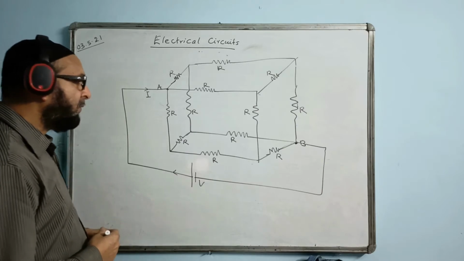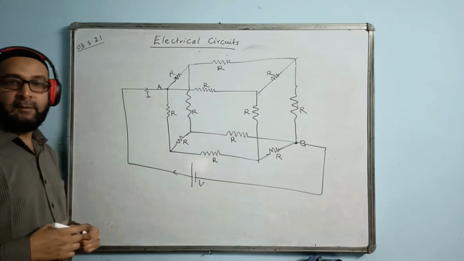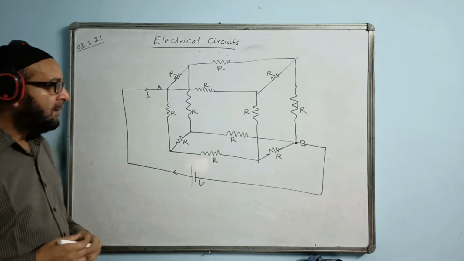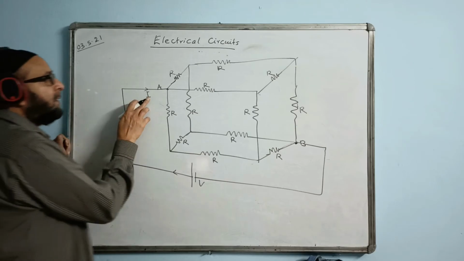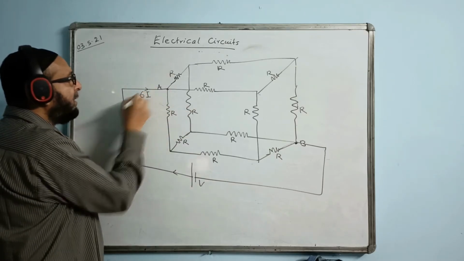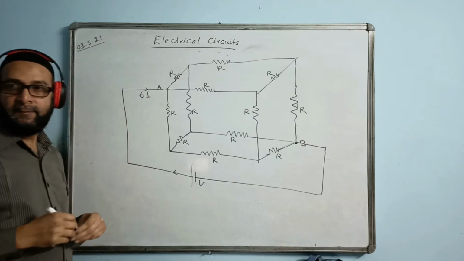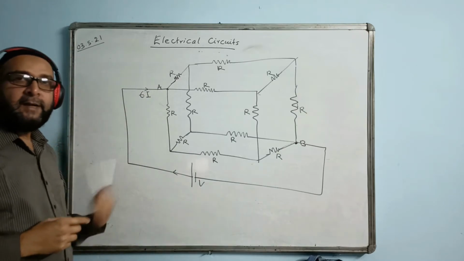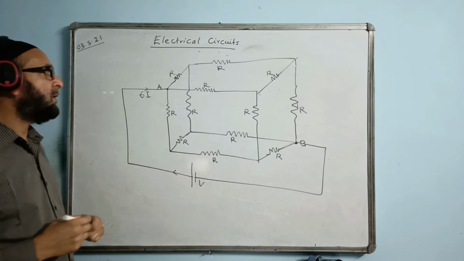For the sake of convenience, because this current is getting divided, I will take the total current as 6I. We can take even I also, but 6I is easier.